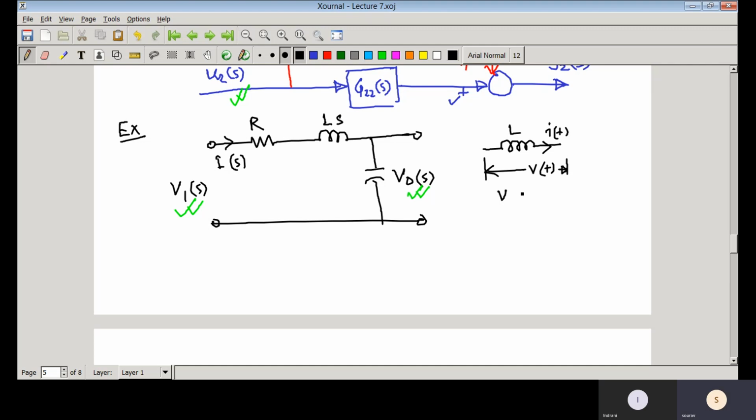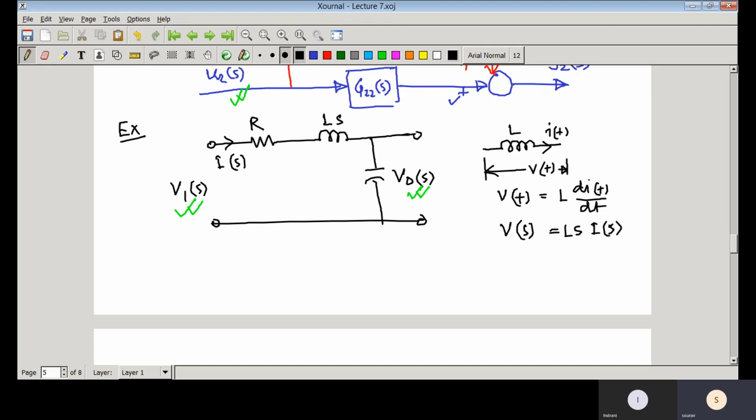So now you can see here that V(t) equals L di(t)/dt. If you take zero initial condition, because we are interested in finding the transfer function, then that would be V(s) equals Ls into I(s).